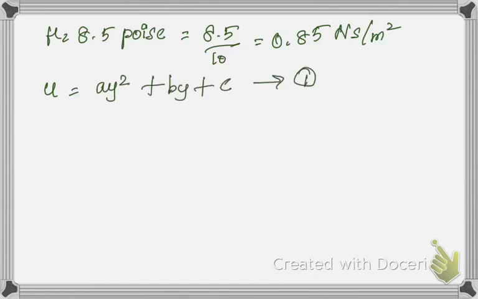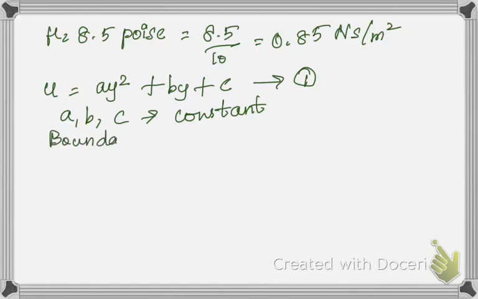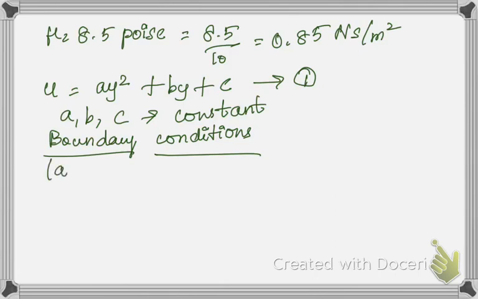Keep this equation as 1. Since it is a parabola, we are writing this equation where a, b and c are constants. We have to get the values by applying various boundary conditions. So we are going to apply some boundary conditions and get the values of a, b and c. First one, I am keeping this as a: at y is equal to 0.